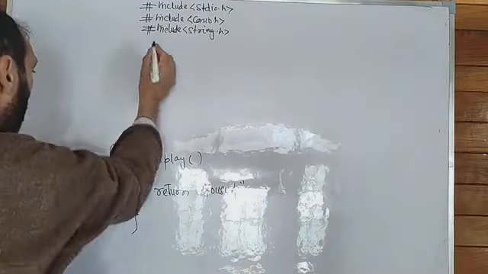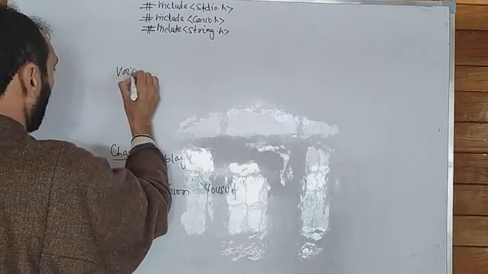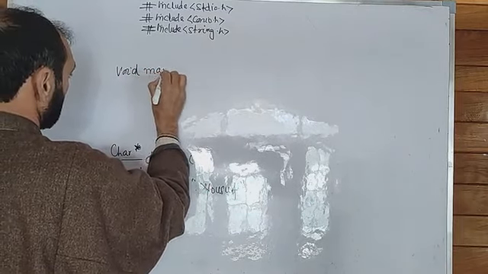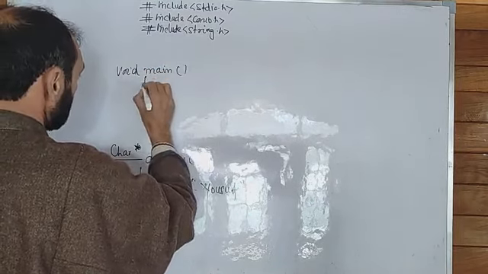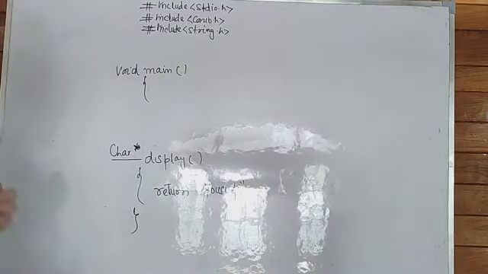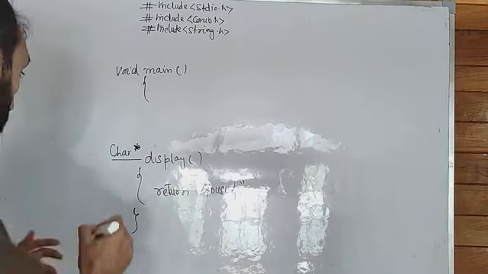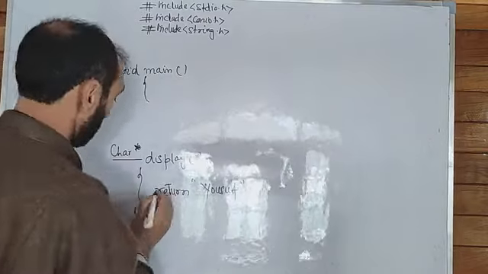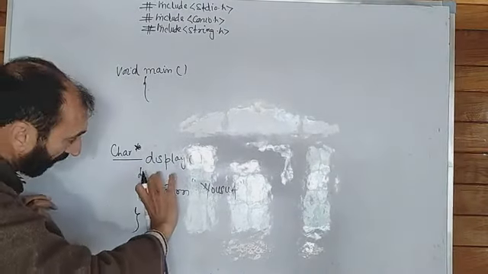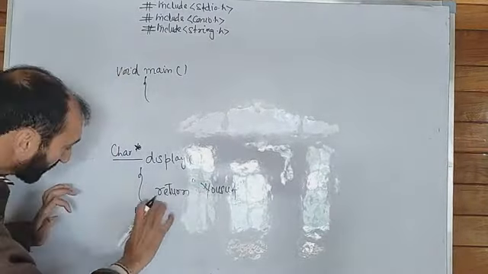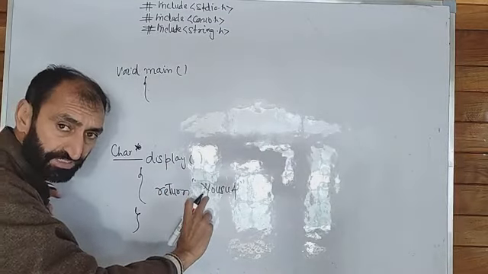So in the main function, for example, this is our main function, void main. The called function is returning the address of the first byte.